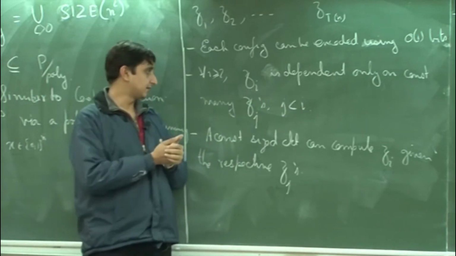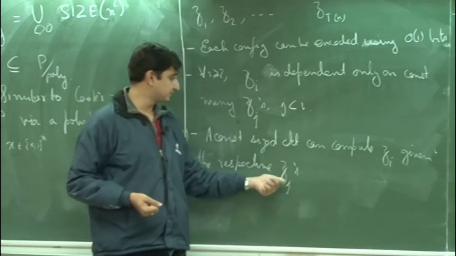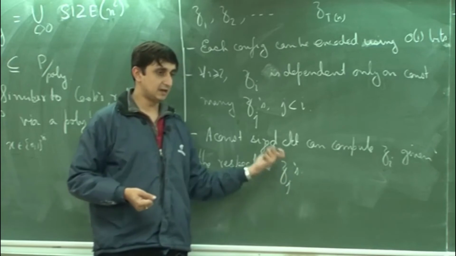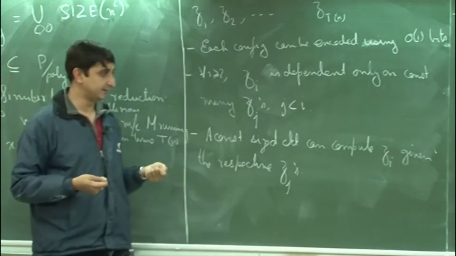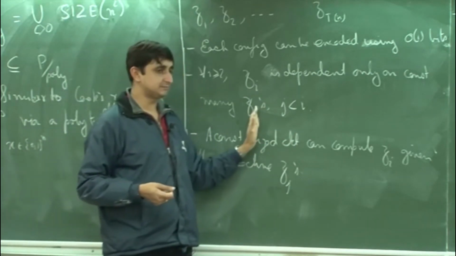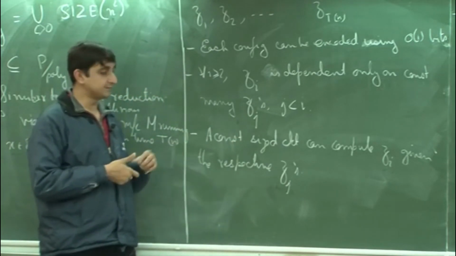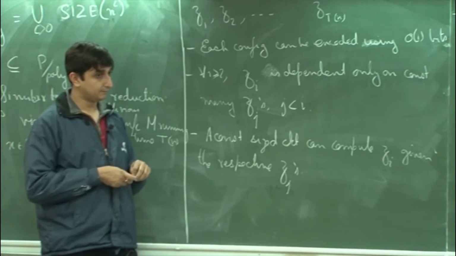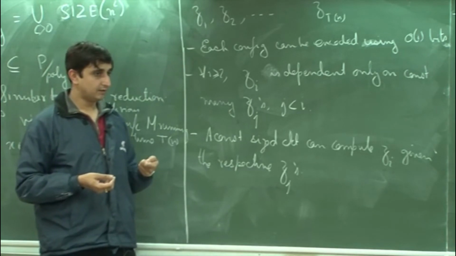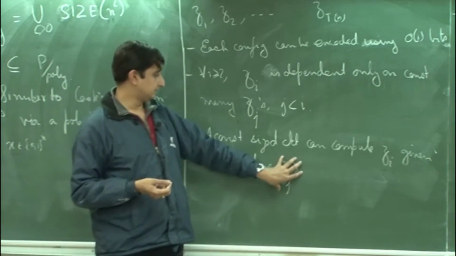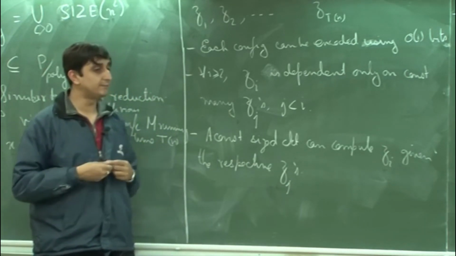Since Zi only depends on those constantly many Zj's, and to represent each configuration we need only constantly many bits, given these values we can always decide that by using a constant size circuit, because the number of inputs to this circuit is constant. And that basically forces this also to have constant size, because otherwise you will be repeating some things.